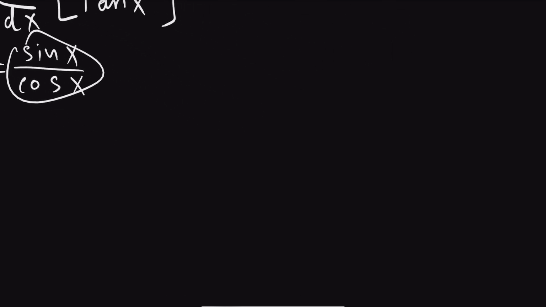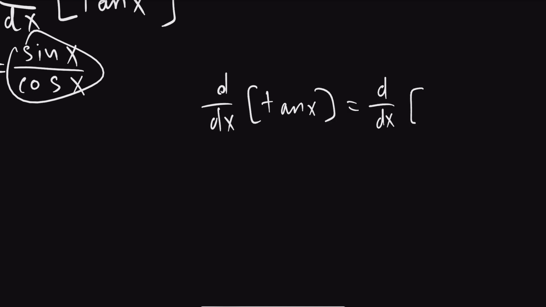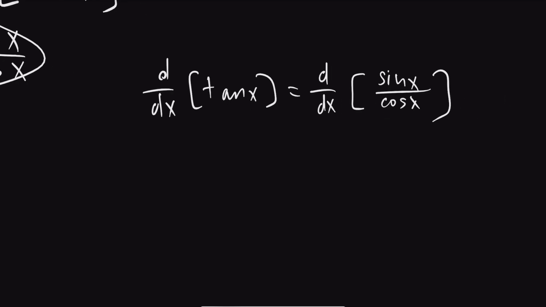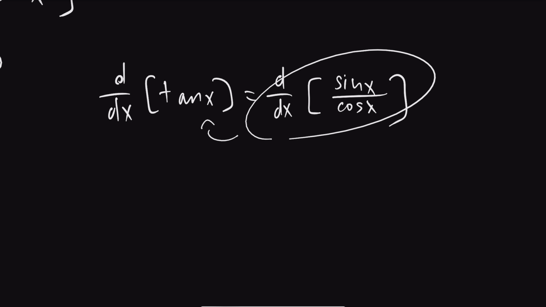So what I can say here is that the derivative with respect to x of tan of x is equal to the derivative with respect to x of sine of x divided by cosine of x. So all I have to do is essentially solve for this in order to get this. So let's go ahead and do that.